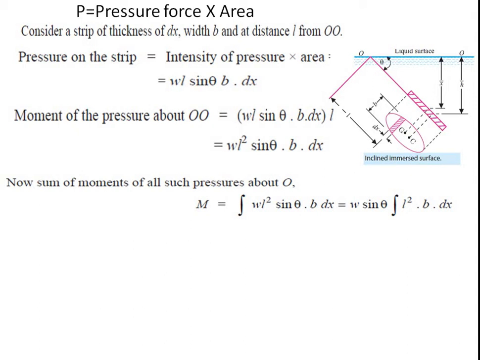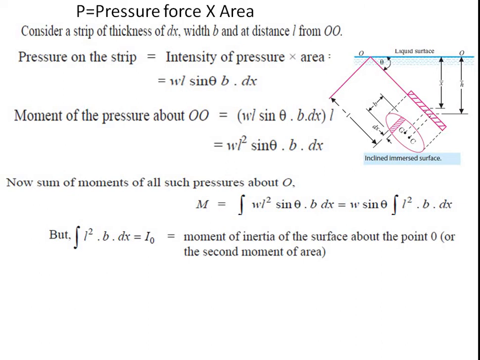As we previously discussed, W is nothing but the specific weight, theta is nothing but the angle of inclination, and both are constant. So we have taken W into sin theta outside, and the integration of L square B into dx.